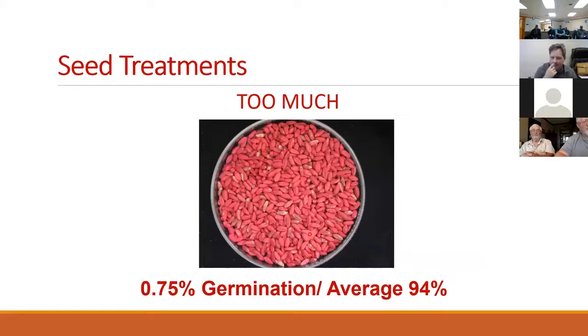And in this particular case, the grower had a decimal error and applied 10 times the amount of seed treatment that was necessary. And seed treatments applied at high rates are phytotoxic. He got less than 1% germination, while the average was 94%. So that's bad news.